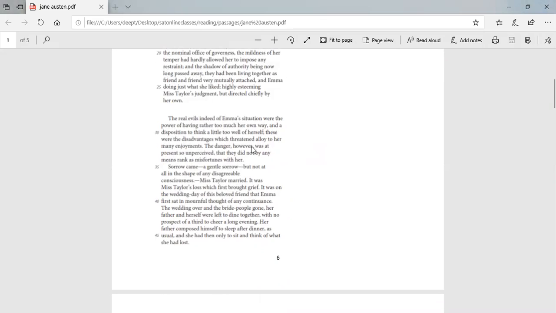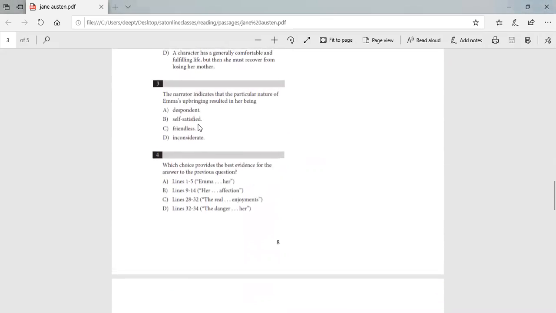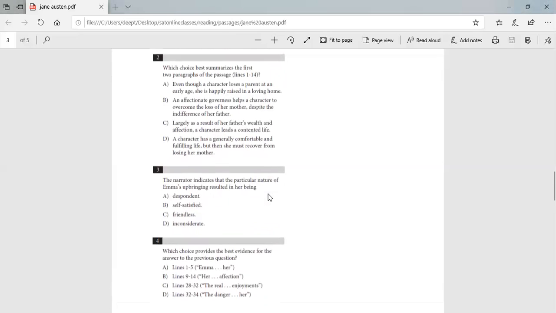The danger, however, was at present so unperceived that they did not by any means rank as misfortunes with her. Anything about her nature? Again, no. So that means option D also goes out, and you can stick with your correct answer, which was B for the third and C for the fourth. So see, that way you can do two questions together. You will save time doing both questions and you will guarantee the correct answer.